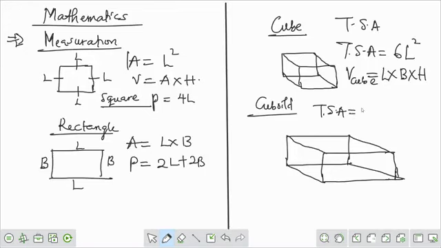That will be 2LB. Please take notes. You don't see me take any book in my hand. I'm not looking at my book at this time. I'm just writing it off, and for this type of cuboid, 2LH plus 2BH. So that was the total surface area for cuboid.